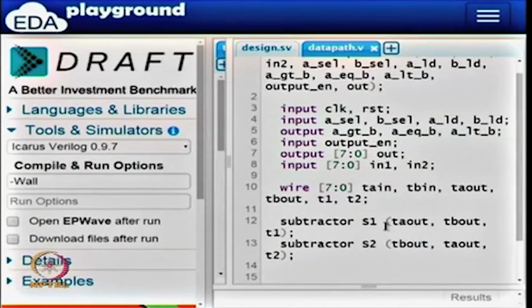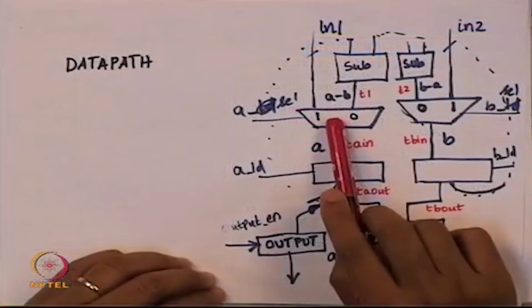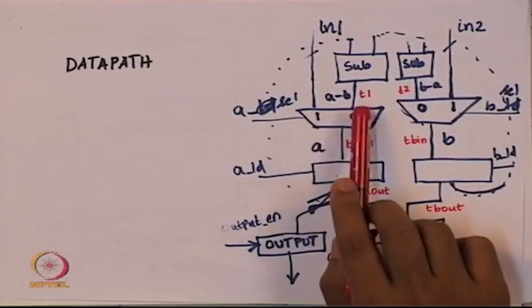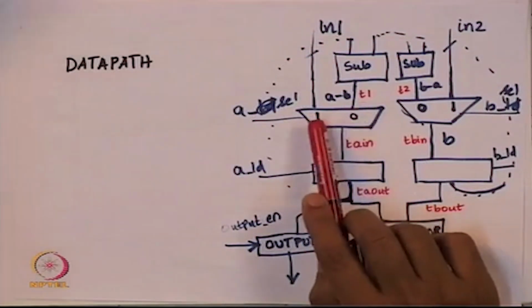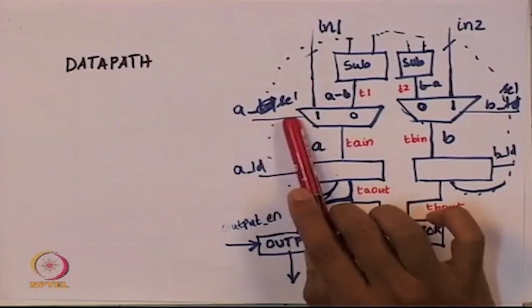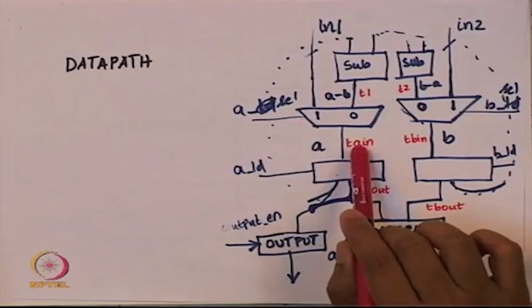So we have taken care of connections that are coming into the subtractor and out of the subtractor. So again let us look at the picture. Now we are supposed to design the mux. The mux is supposed to take T1 as the 0 line and in 1 as the 1 line and A select as the select, and TA in is supposed to be the output.